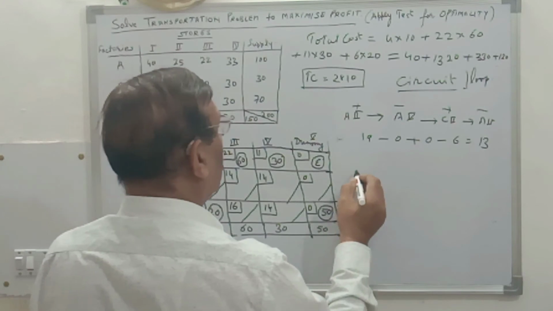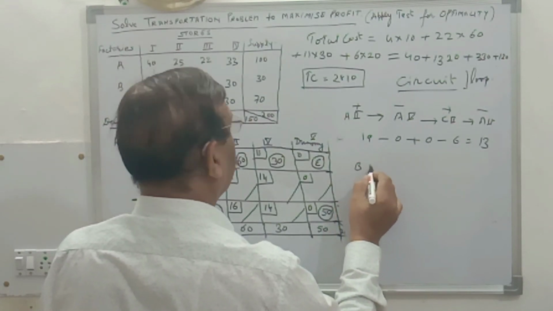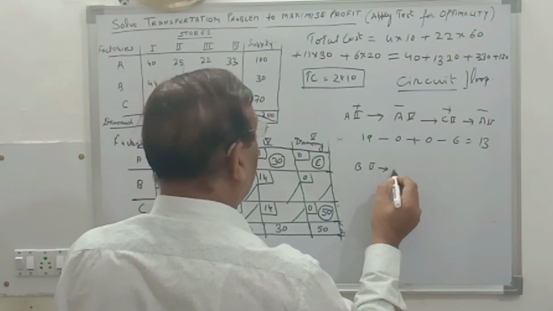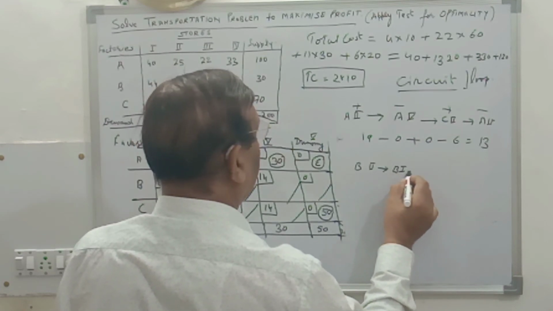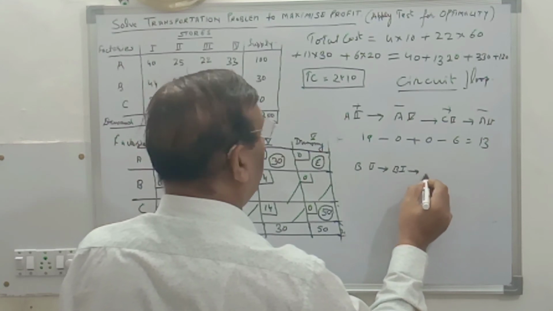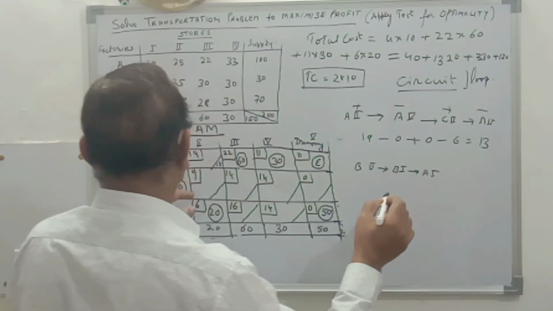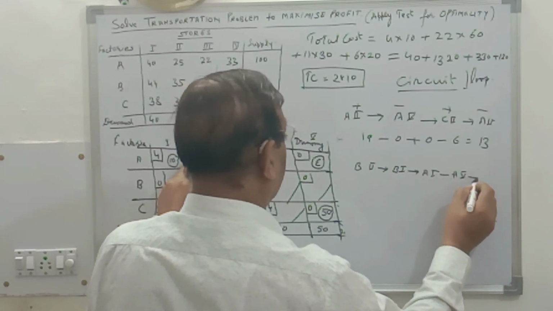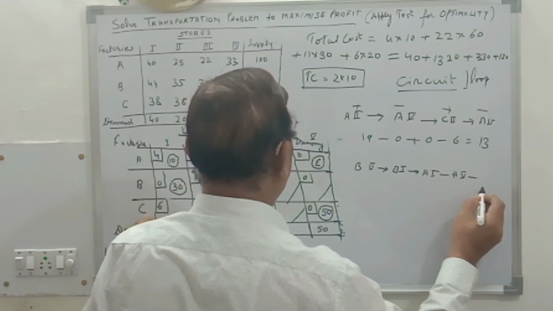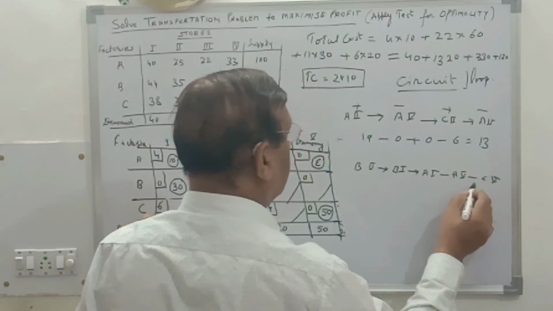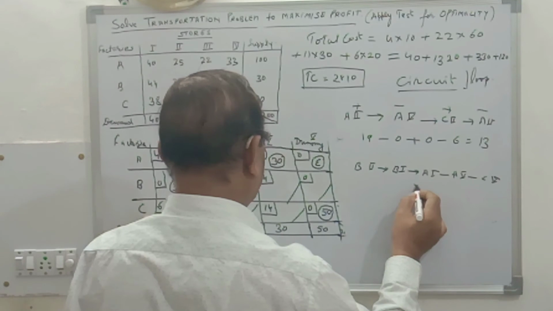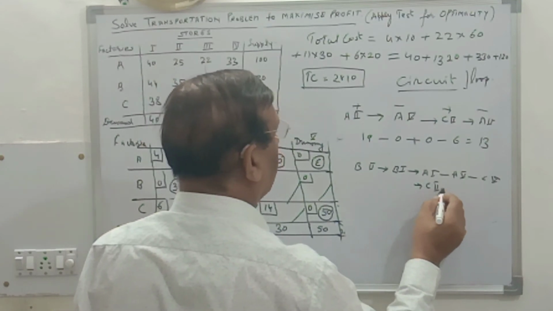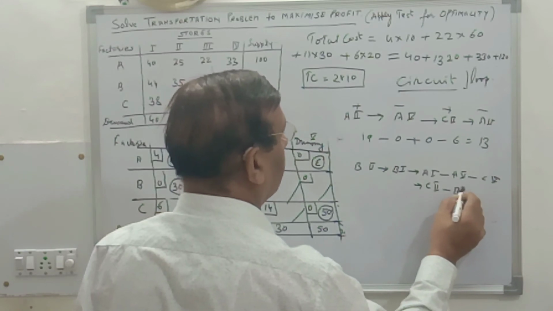So from B second to B first to A1, then to A5, then C5. It is a little bit lengthy. Then it is C second. Then you are coming to B second.